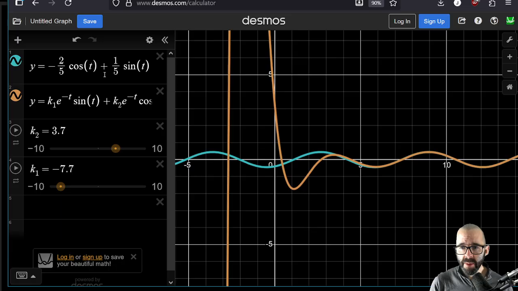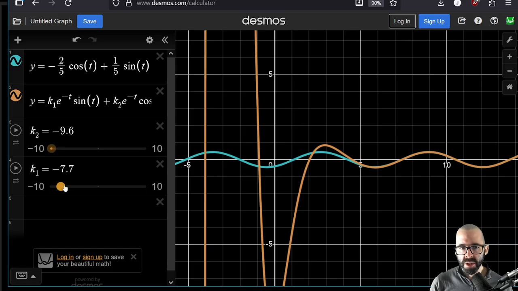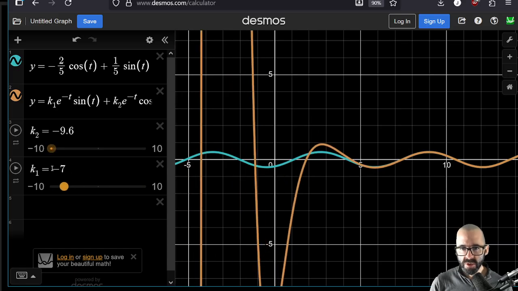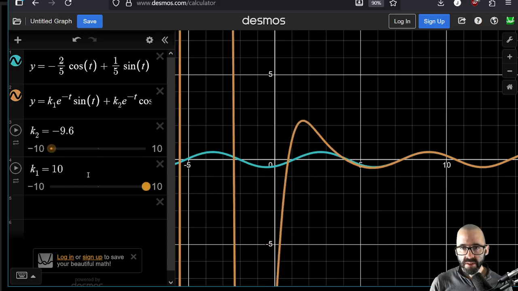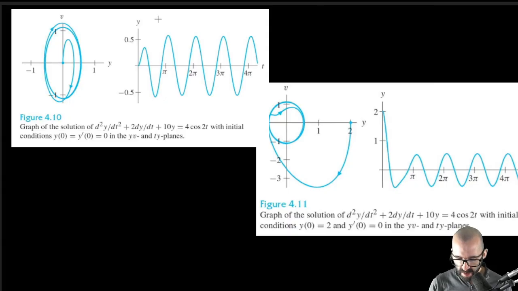So this is the first example that we did in this section. And eventually we just become that blue forced response. Okay, so that initial condition leads to that behavior.